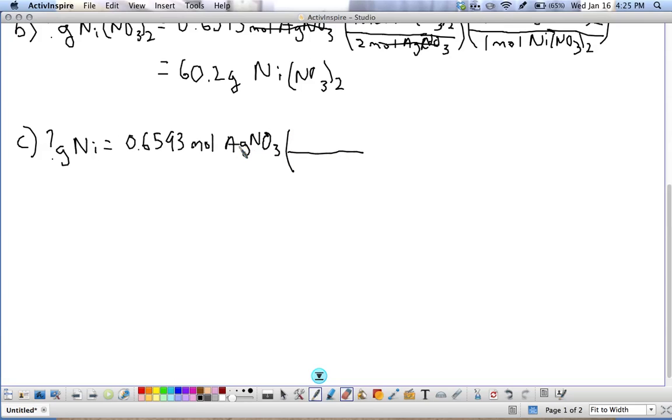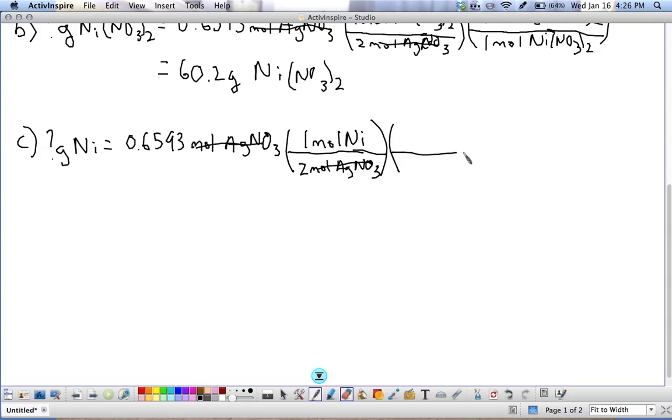Okay, the first thing I'm going to do is convert from moles of silver nitrate to moles of nickel. Okay, so I get rid of the moles of silver nitrate. I'm in moles of nickel, but I want grams of nickel.